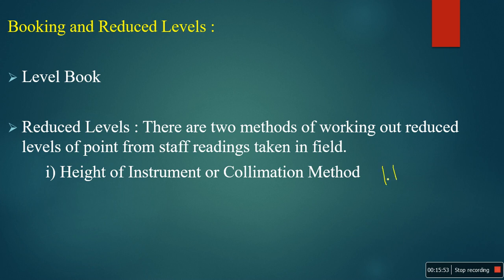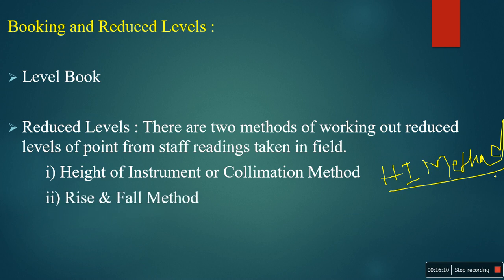This method you can also call the HI method, that is height of instrument method. This is the first method. The second method is called the rise and fall method.